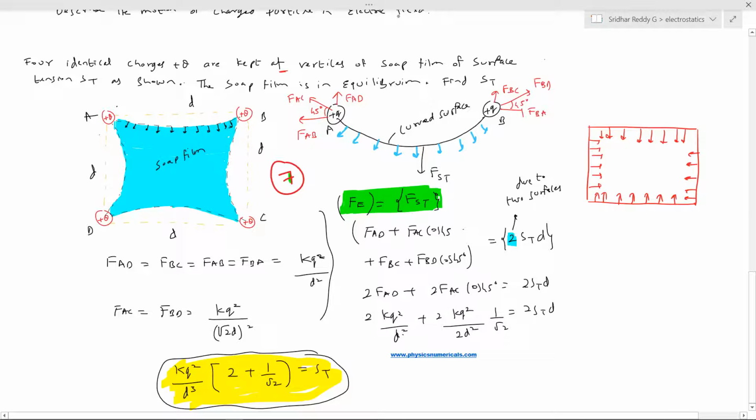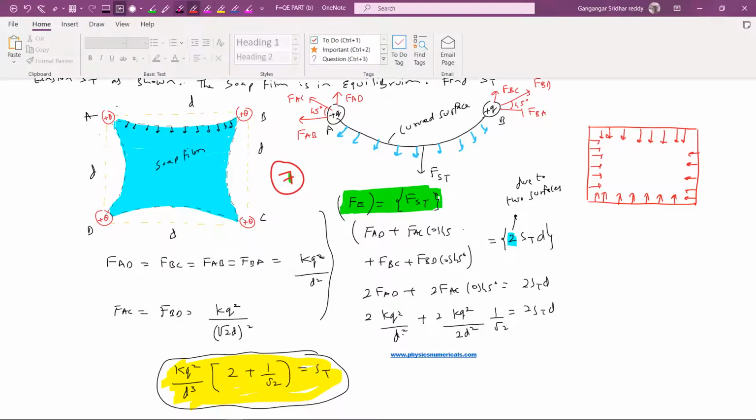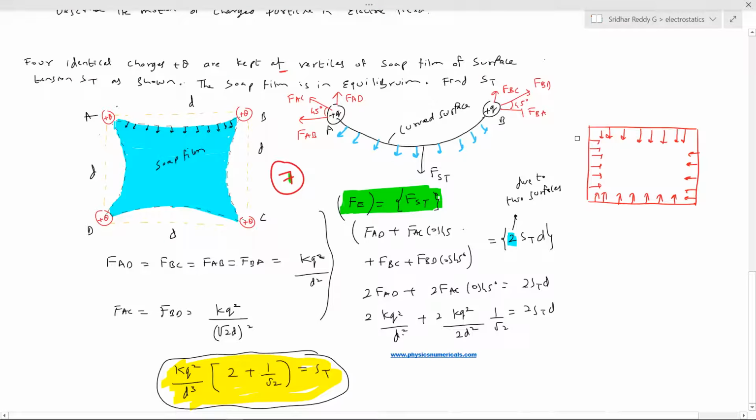This is the force due to surface tension. We have the charges here, and this will be a positive charge. Now, if there were no electrostatic charges, the entire soap film would have collapsed due to this cohesive attractive force exerted by the molecules. Then let me take these as 1, 2, 3, 4.